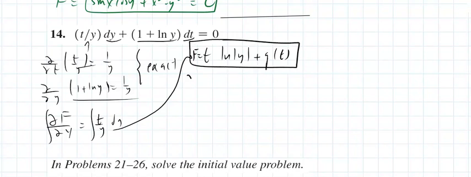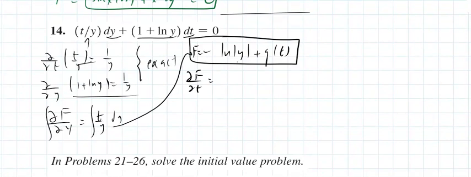Now if I take a partial of this with respect to t, let me just rewrite it nicer. The partial with respect to t will be natural log of absolute value of y plus g prime of t, and that should equal 1 plus natural log of y, assuming that y is positive.